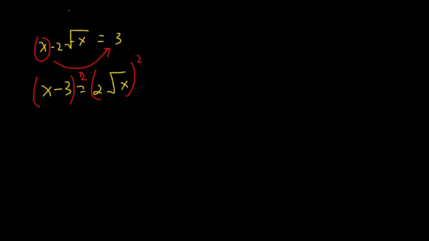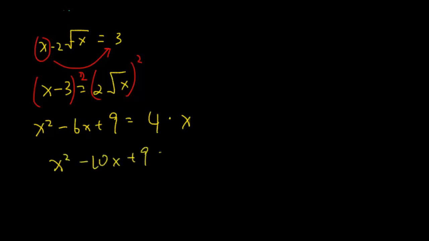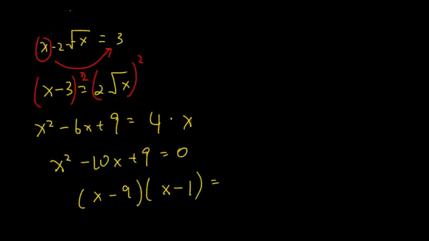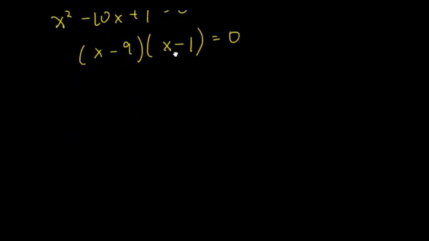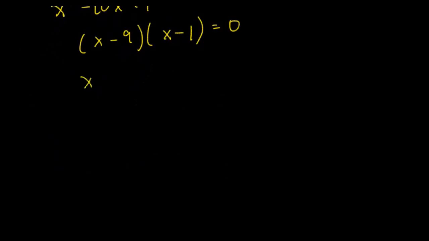So that would be x squared minus 6x plus 9 equals 4 multiplied by x. Now if we simplify, that will become x squared minus 10x plus 9 gives me 0. So that will be x minus 9 and then x minus 1. So x1 is equal to 9 and x2 is equal to 1.